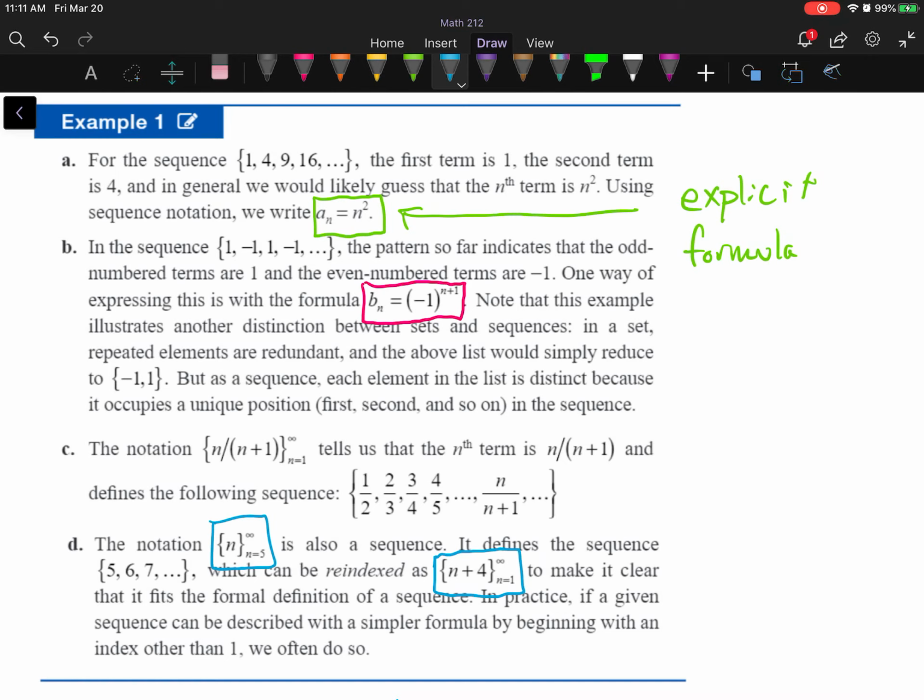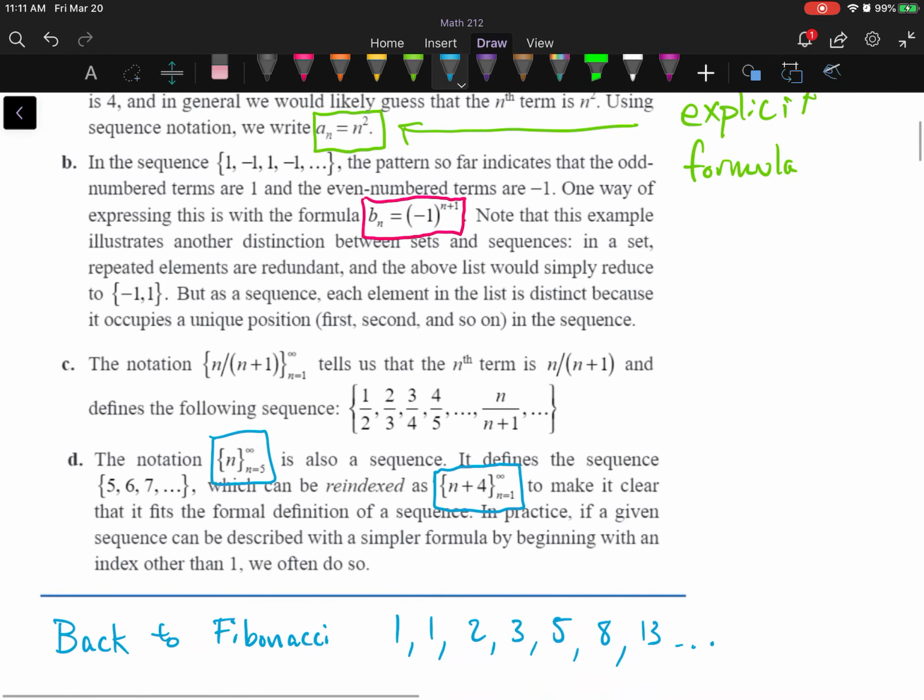And really that's just for aesthetic purposes. It's not that you have to simplify the notation all the time, but it's just something that you can do if you want to. You don't always have to strictly start at 1 for your n values.